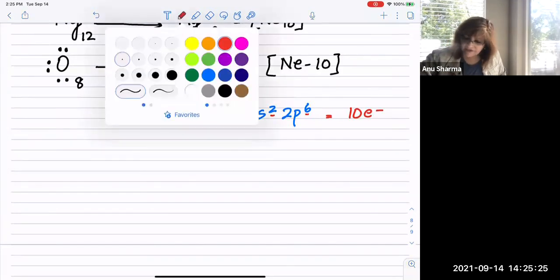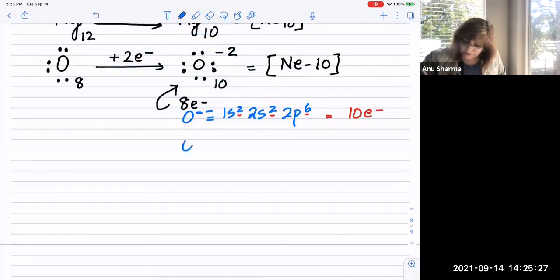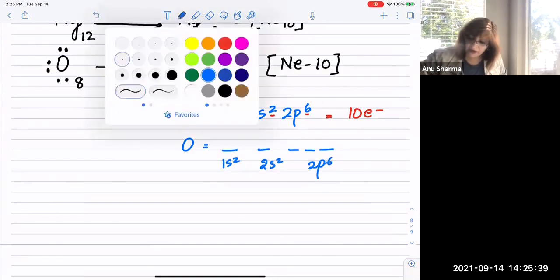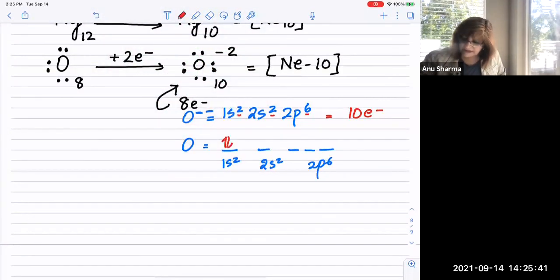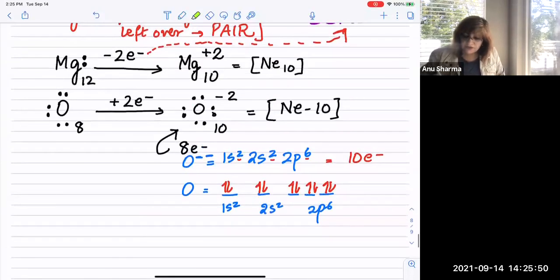And we have now oxygen looking like 1, 2, 3. So this is 1s2, this is 2s2, and this is 2p6. And all of them, 2s2 is this, and 2p6 is this, paired. So those 2 electrons that were given by magnesium come here.